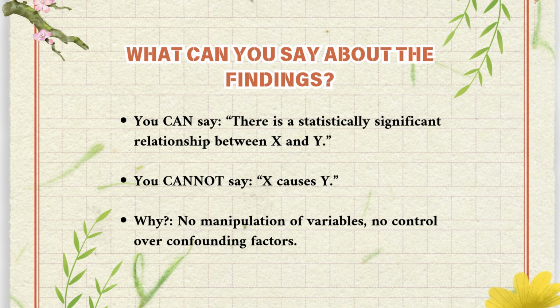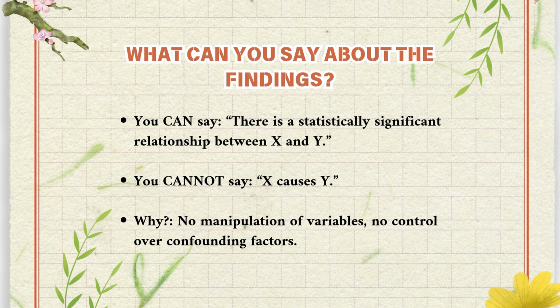So let's illustrate this a little bit by saying we find a strong correlation between students' attendance and their GPA. Can we say that attending class causes better grades? No, we can't say that, because what we can only say is that they're related.